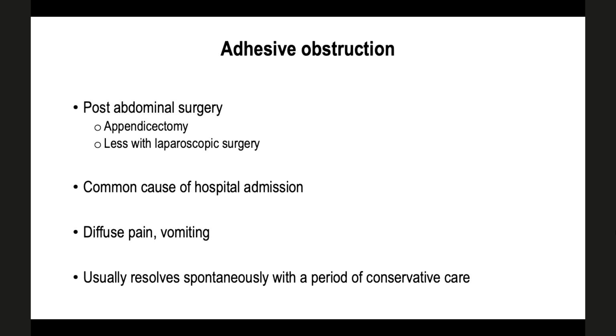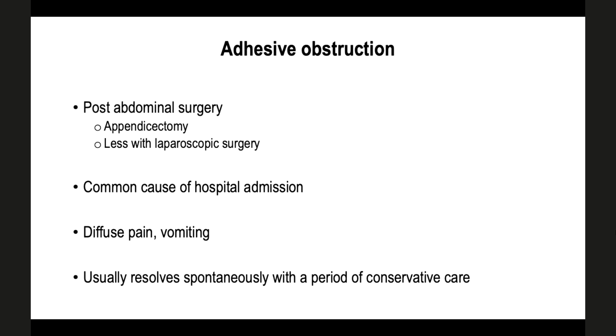And the commonest surgical procedure responsible for adhesive obstruction is an appendicectomy. However, nowadays with laparoscopic appendicectomies, the incidence of this is less, but it's still there. So patients can have had a laparotomy for some perforation or whatever previous procedure. What happens is after surgery, during the healing process, fibrinous adhesions form fibrous adhesions between loops of bowel.